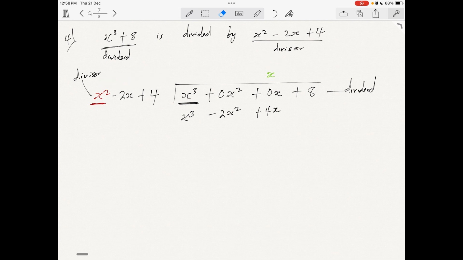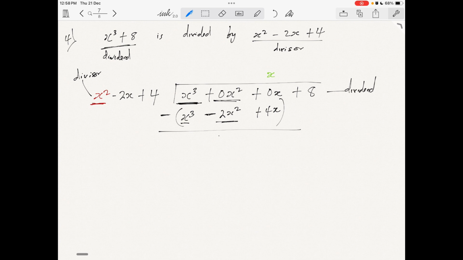Now then we subtract. Okay, so that's x cubed minus x cubed, that's 0, don't need to write that, and 0x squared minus 2x squared. That's 0x squared plus 2x squared, because minus times minus will give us positive.